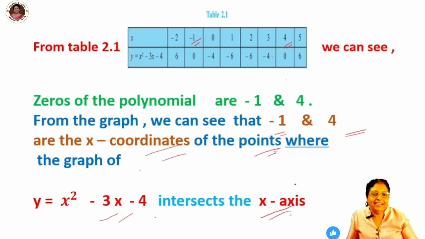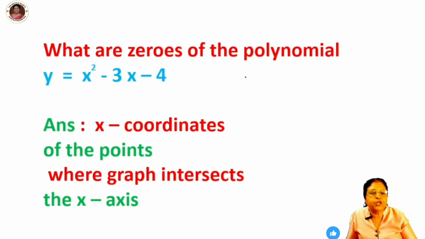Okay. So, you can say the zeros of the polynomial are the x coordinates of the points where the graph intersects the x-axis. What are the zeros of a polynomial? That are the x coordinates of the points where the graph intersects the x-axis.